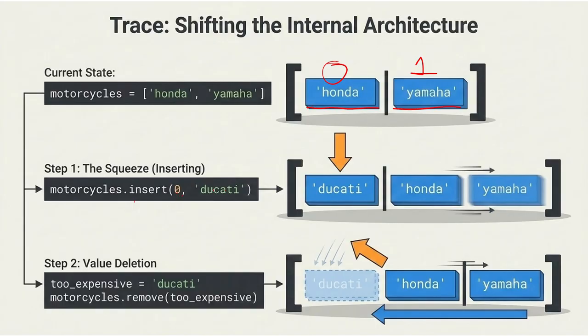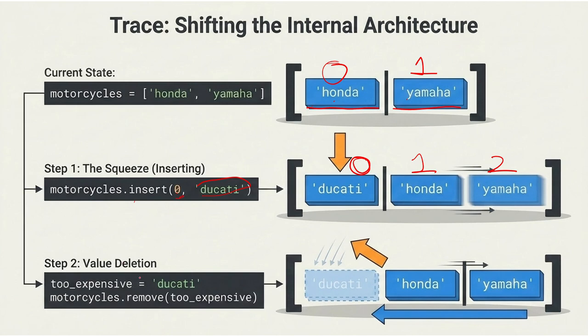We are telling it to insert this new item, Ducati, at position 0. So Ducati will get inserted at position 0, and Honda and Yamaha will shift by one index. Honda's index will become 1, Yamaha's index will become 2.